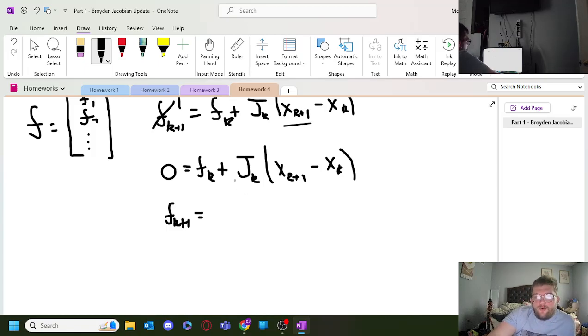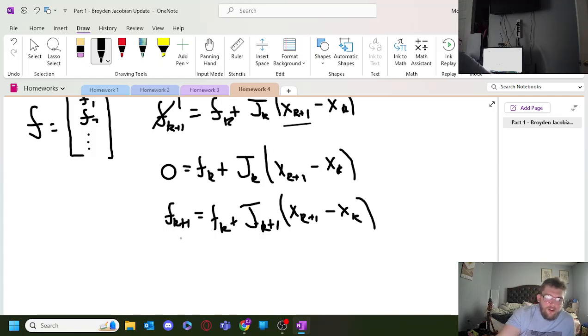and what we've got to do is update our Jacobian matrix here. 0 equals f sub k plus Jacobian k plus 1 now, because we've updated it, times the x sub k plus 1 minus x sub k.